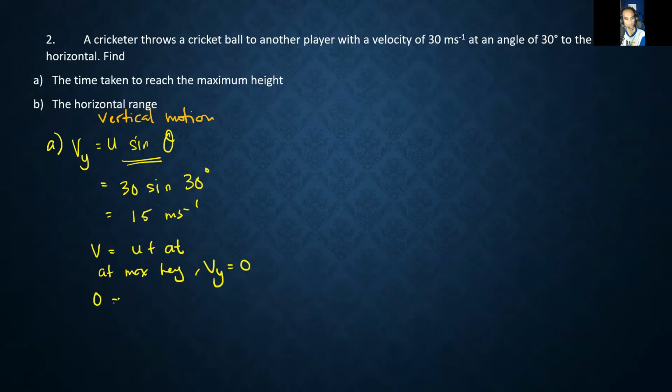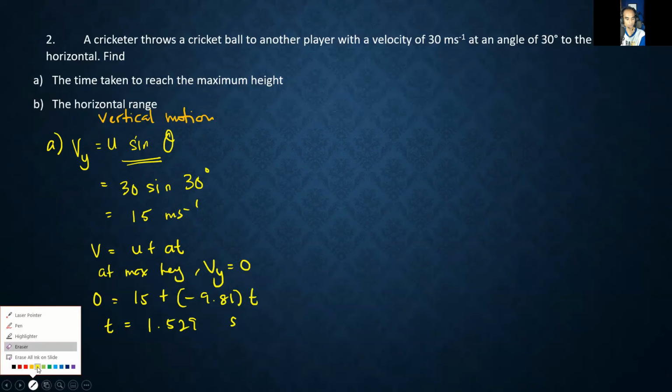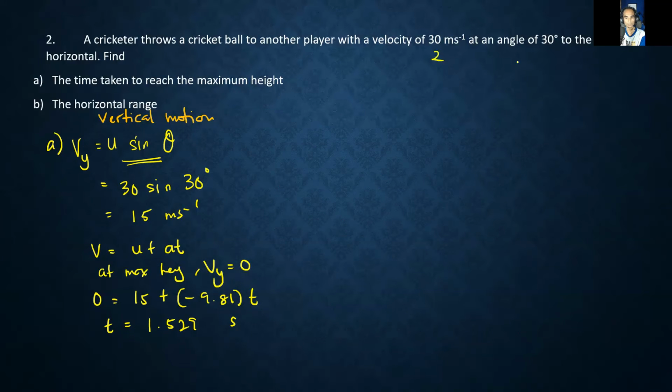So 0 equals 15 plus negative 9.81 multiplied by t. And t is equal to 1.529 seconds. Then the significant figures: this is 2, so 1.5 seconds.